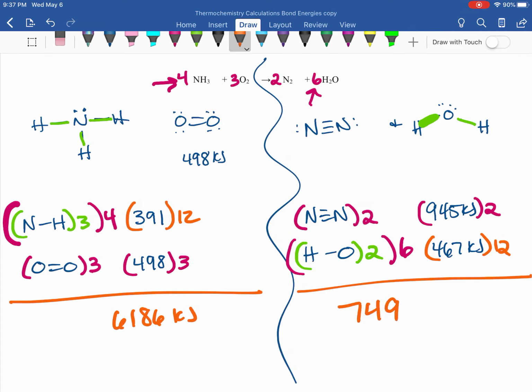All right, I am getting 7494. I love it. All right, so you know what we do? We subtract reactants minus products on this one. And I get a negative 1310.